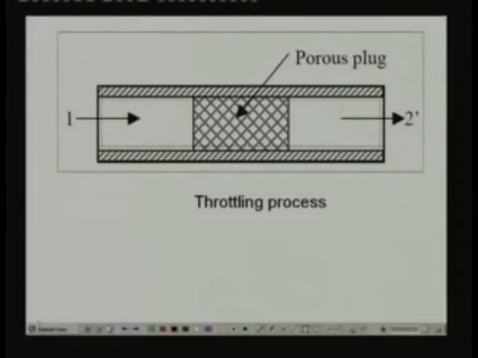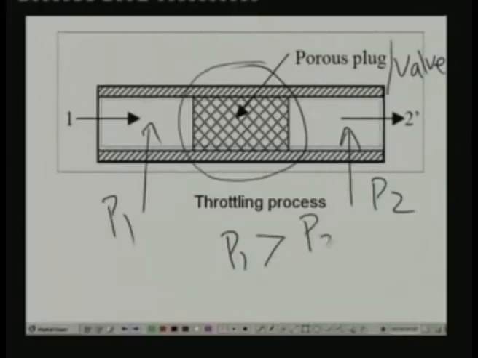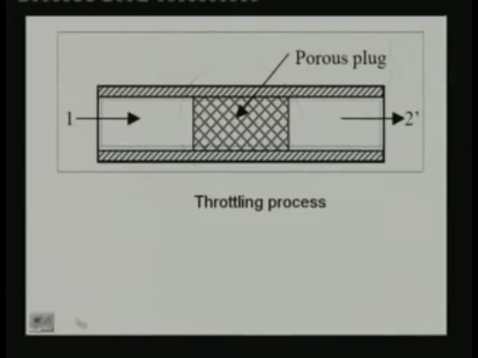In general, a restriction could be a porous plug, or it could be a valve. Valve means not a fully open valve; it is a partly closed valve. When you have a valve and this provides a restriction, you find that there is a pressure drop. That means P1 will be greater than P2.